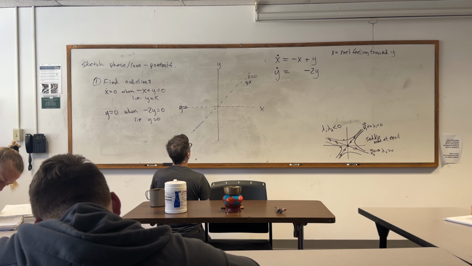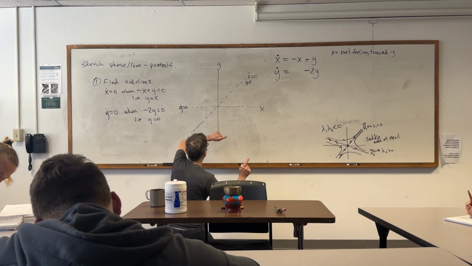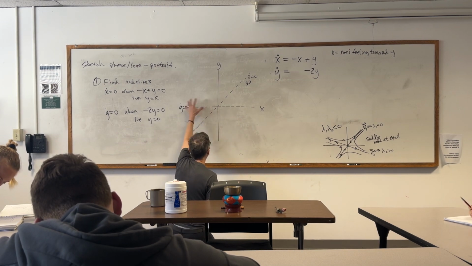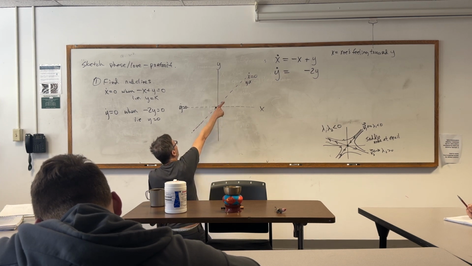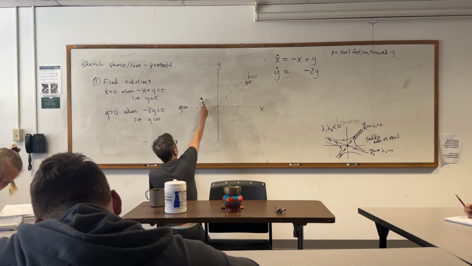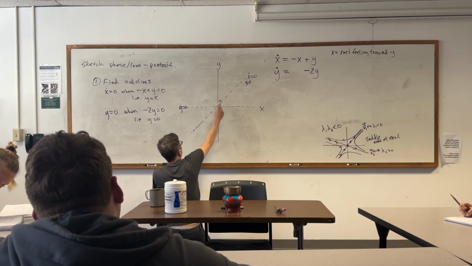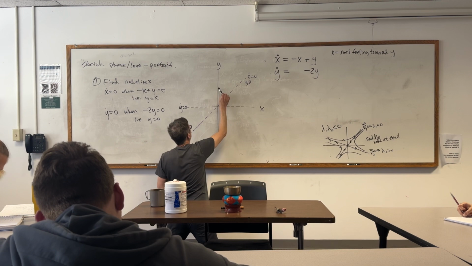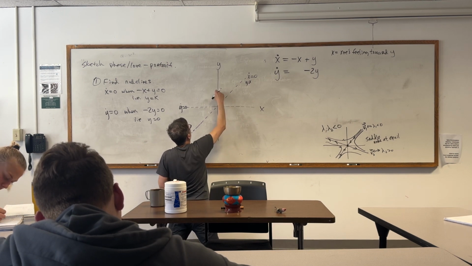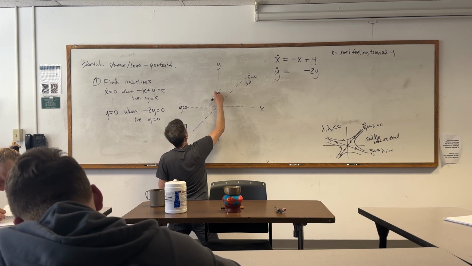Cool. Now let's figure out the sign on either side of each null line. So let's look at that x dot null line. When I'm up here, on this side of this diagonal null line, I can just pick any point. So I'm going to use 0, 1.